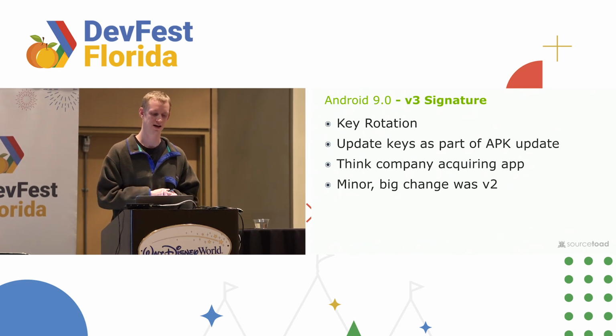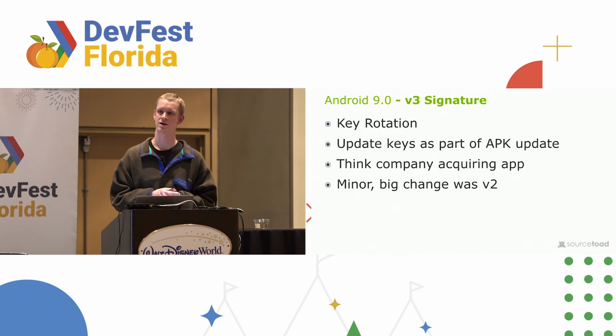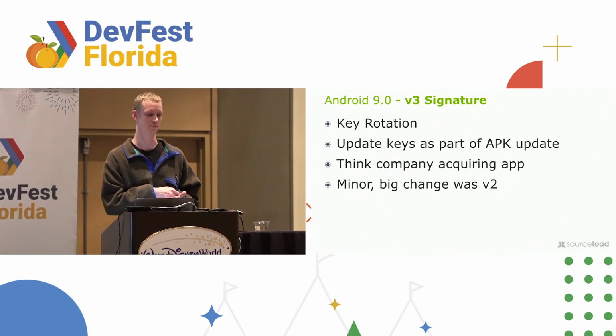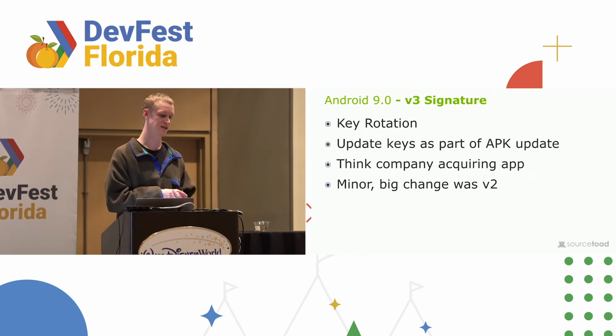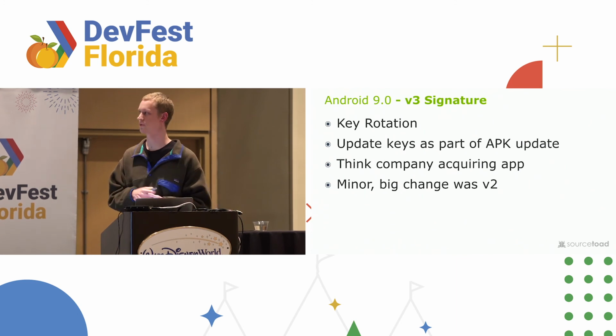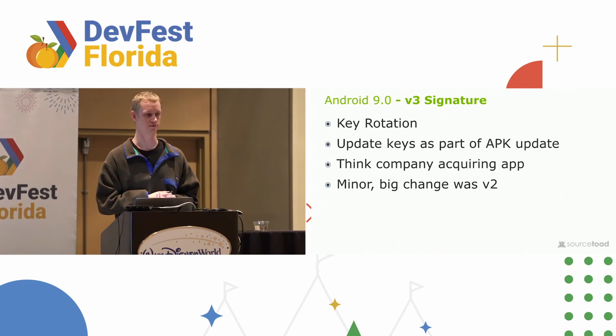So now Android 9 has this idea of a key rotation, where the old company can release an app update that has both private keys of the company to then let the new company take over. Unfortunately, though, like everything Android, everyone has to be on the new version to benefit from it, so this probably won't be helpful for another 3, 4, 2 years.